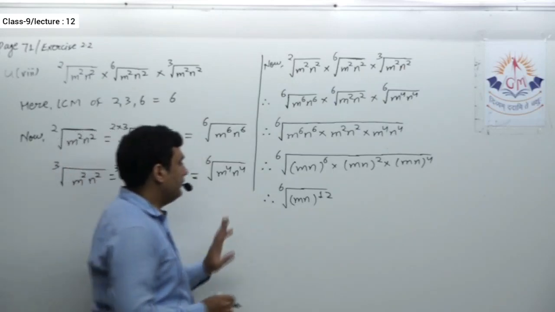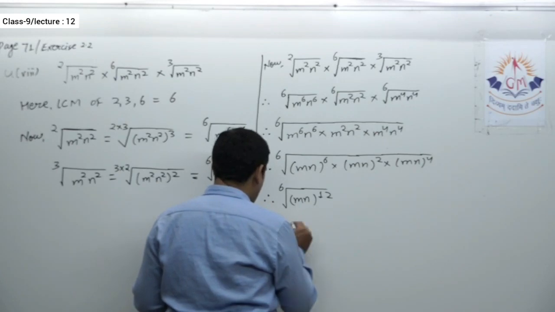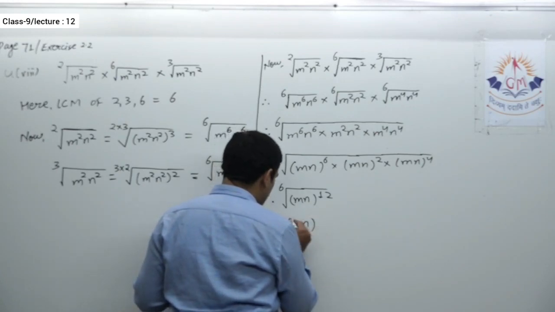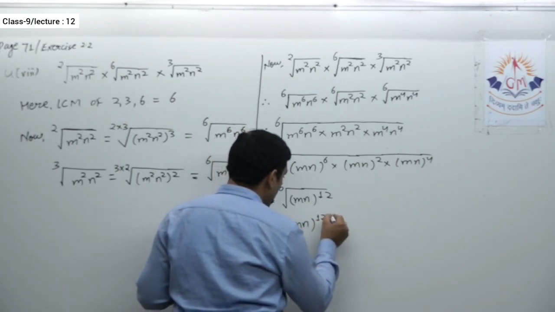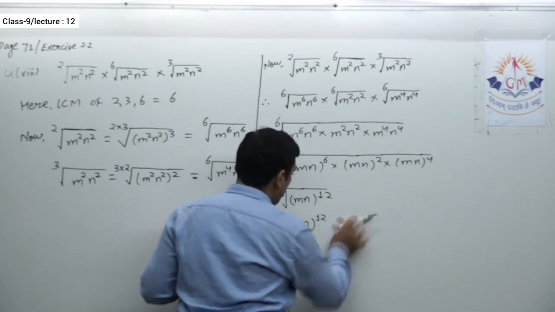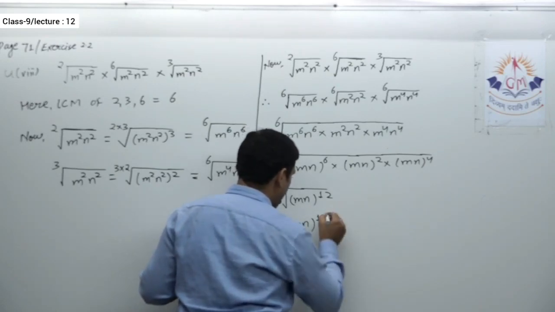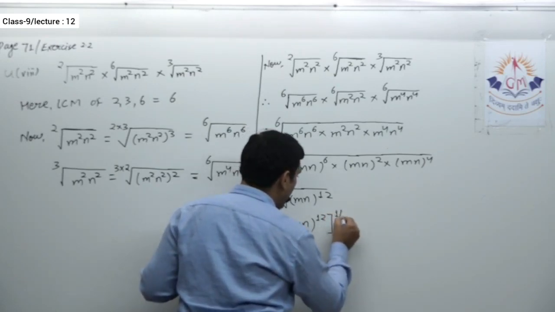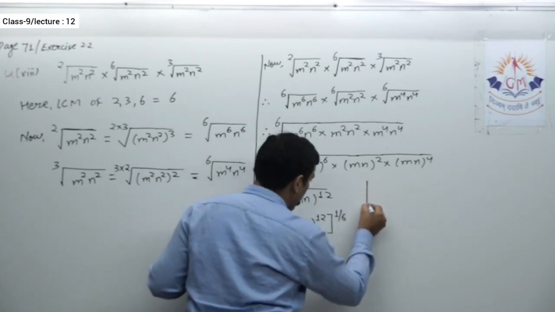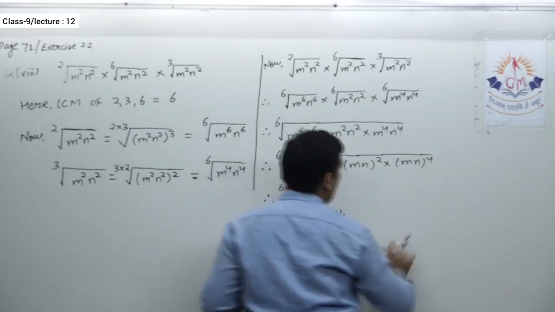Now I can write this is equal to (mn) raised to 12, raised to 1 upon 6. And if I apply the power law further, let me write this over here.